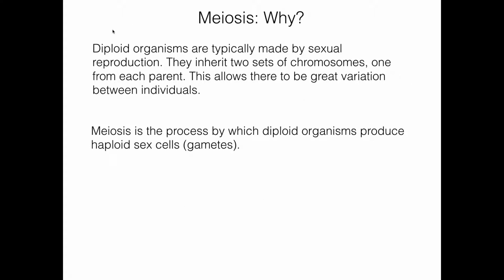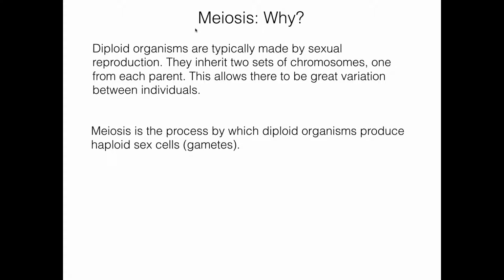The process by which you take a normal cell, a diploid cell, and make a haploid gamete from it is called meiosis. Not mitosis, meiosis. And it's a very important process. Even though it's done a lot less than mitosis is, this is absolutely essential for sexually reproducing organisms.